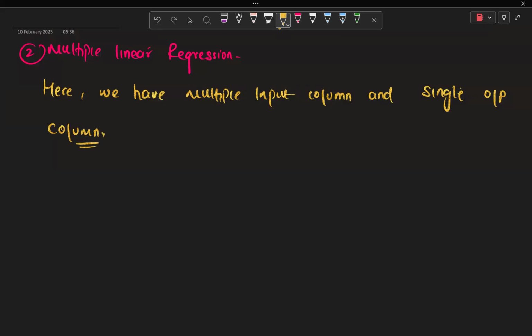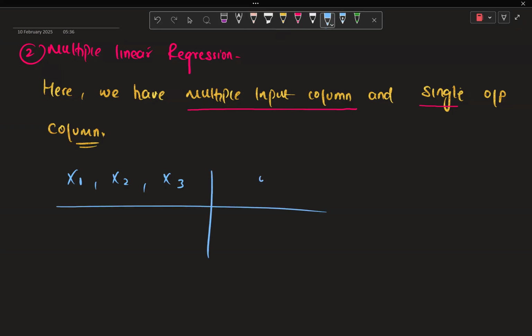Here we have multiple input columns. How many input columns? Multiple. And how many output columns? Just single. So think like x1, x2, x3. Three input columns you have. And how many outputs? One. This is what? Output. And what are these?